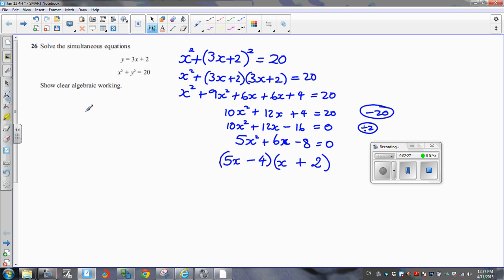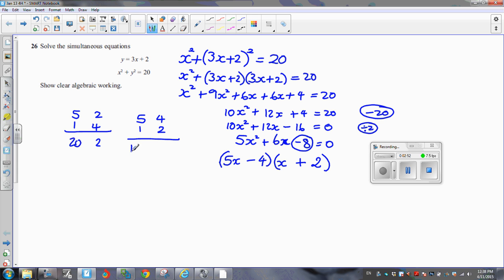If I want to use the crisscross method, remember I look at the 5, two numbers that multiply to make 5, that's 5 and 1. I now look at the minus 8, two numbers that multiply to make 8. Well, let's try 2 and 4. I'll worry about the minuses in a minute. 5 times 4 is 20. 1 times 2 is 2. I'm not going to be able to make 6 from that, so that can't be right. Let's do 5, 1, and I'm going to put the 4 here and the 2 there.